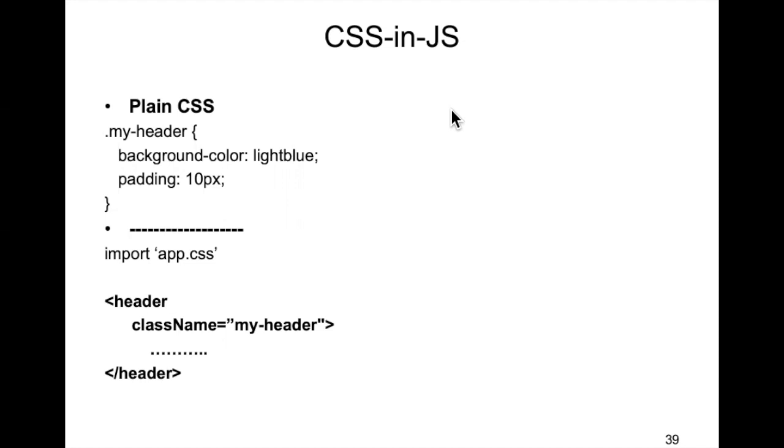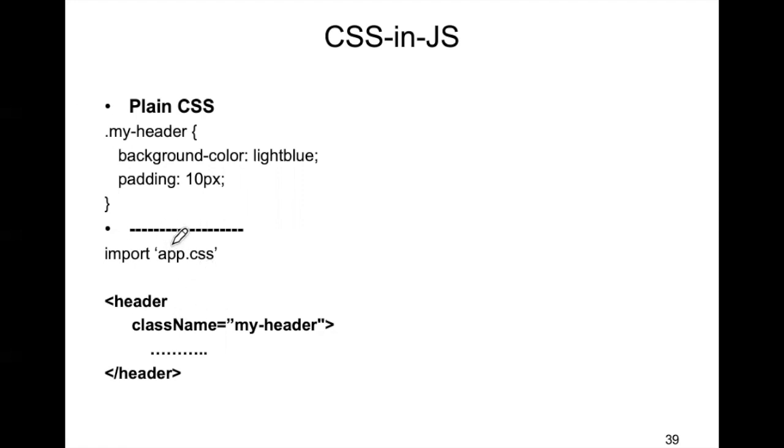Now, just to explain how this works, first of all, on the left there, if we didn't have this CSS in JS approach, which is something we can use independently of Material UI, by the way, and we wanted to style some JSX, then how we would approach it is what you see on the left. We would write our custom CSS in a CSS file as normal, and then we apply that CSS to our JSX element using the class name.